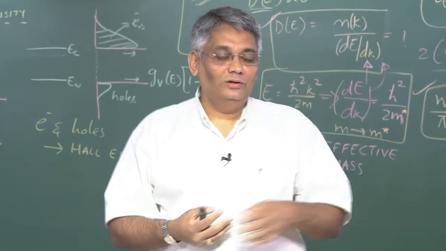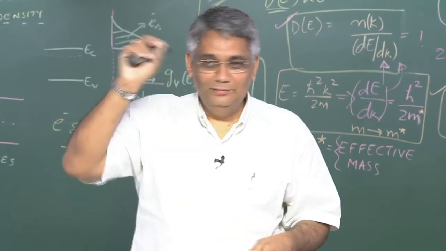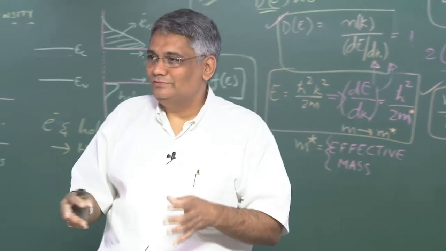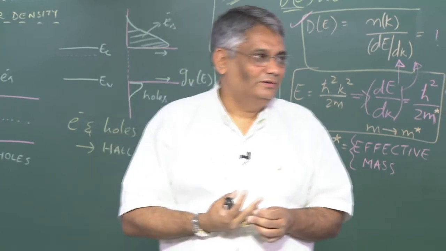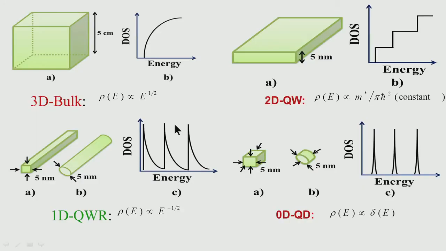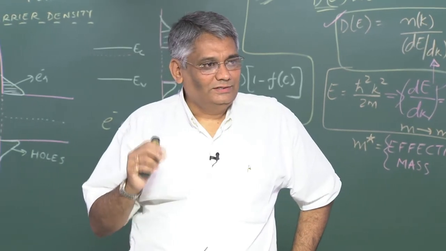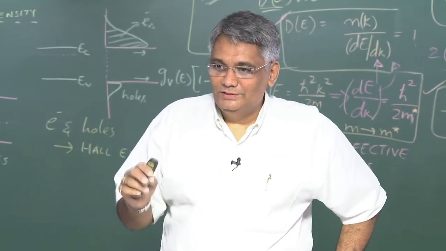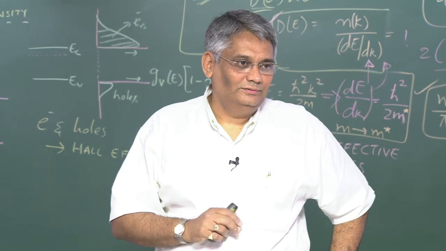What is happening in all these cases is, we are actually manipulating the density of states, the way density of states varies as a function of energy. This is amazing, and in order to explain the changes that are happening in physical properties, this is the easiest way to do. Obviously, when the density of states as a function of energy changes, then the physical properties have to be affected.